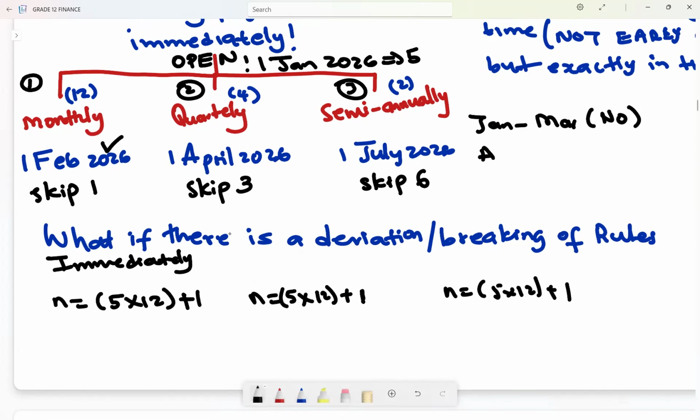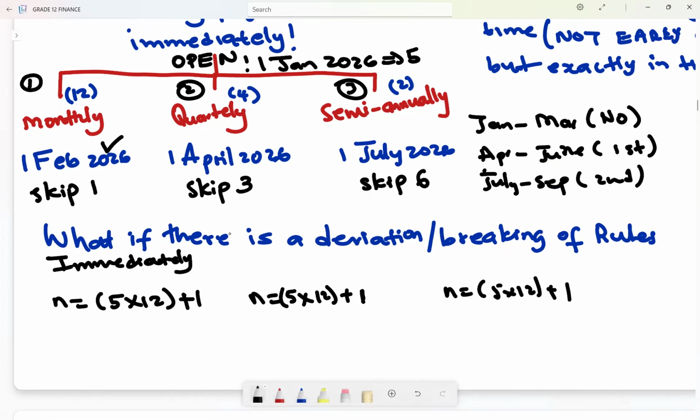Then you'll start from April to June. This will be your first payment. It will last to July. And then the other payment you will do again in July. It will last to September. This is your second payment.